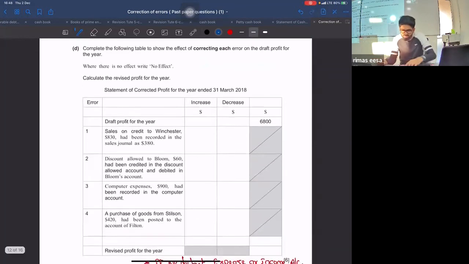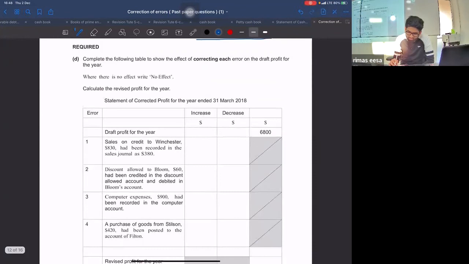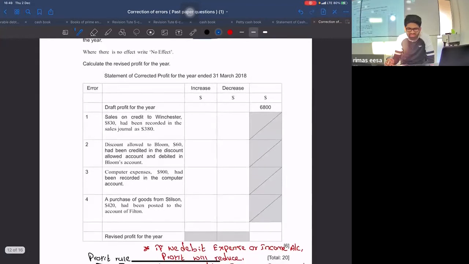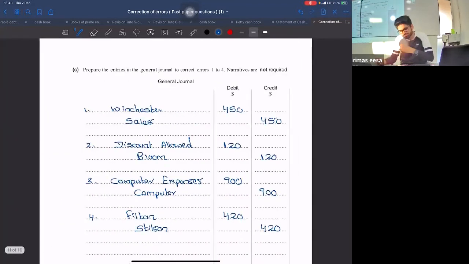Now look at error number 1. They are telling you complete the following table to show the effect of correcting each error on the draft profit. Where there is no effect, write no effect. Error number 1, they are talking about sales on Winchester and all. Don't look at that. Look at this. Look at error number 1 and tell me, do you ever find Winchester in your income statement?